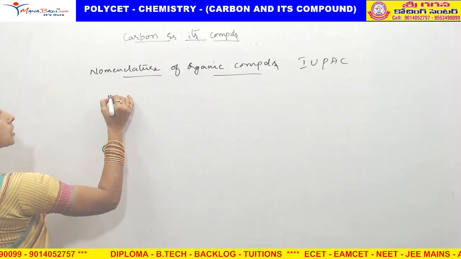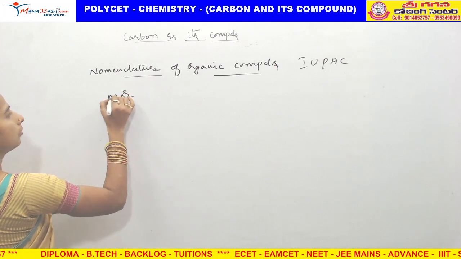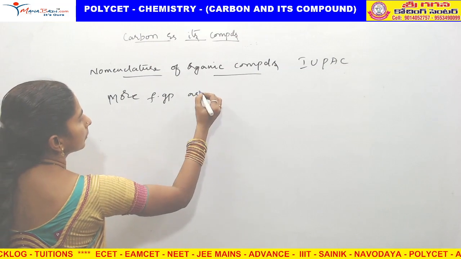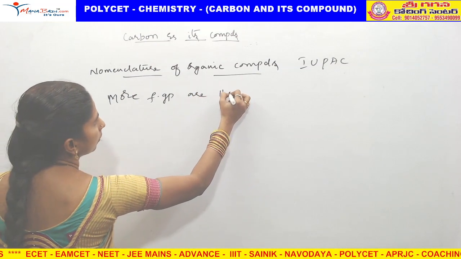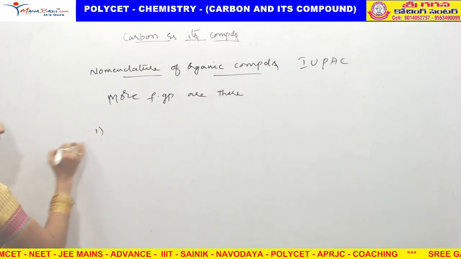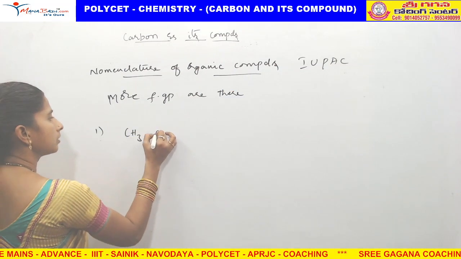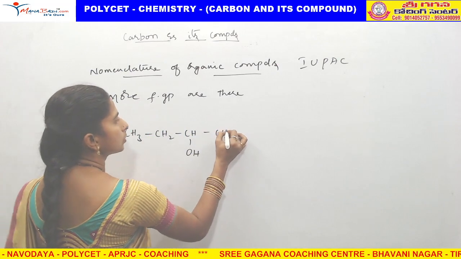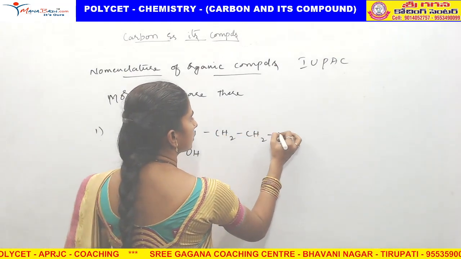Next, more functional groups are there. If more functional groups are there in the same compound. For example, number 1: CH3, CH2, CH, OH, CH2, CH2, COOH.